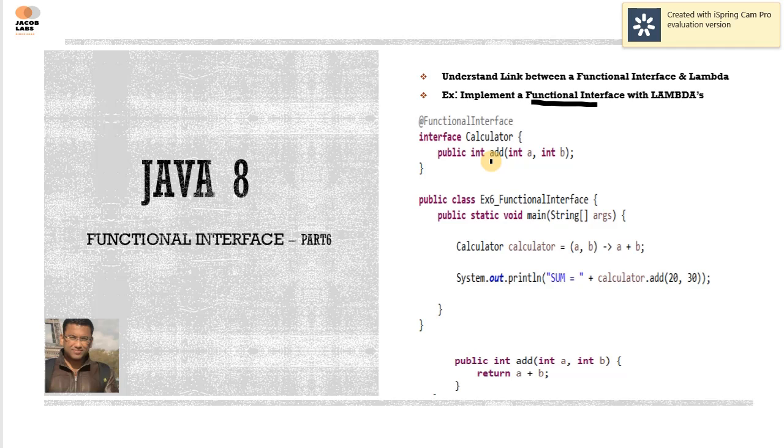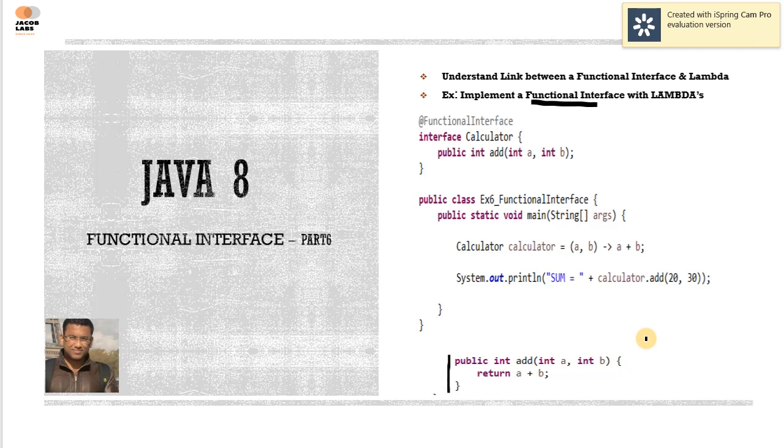If you remember from the previous video, the implementation that we gave looked something like this. We had to override the add method, and after giving the definition, it looks something like this. Now, from the starting videos where we learned how to convert a method into a lambda, let's apply the same rules to convert this method into a lambda.